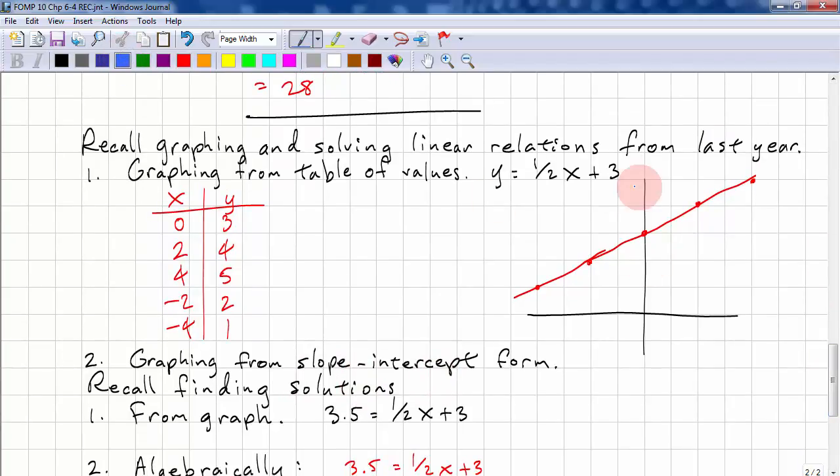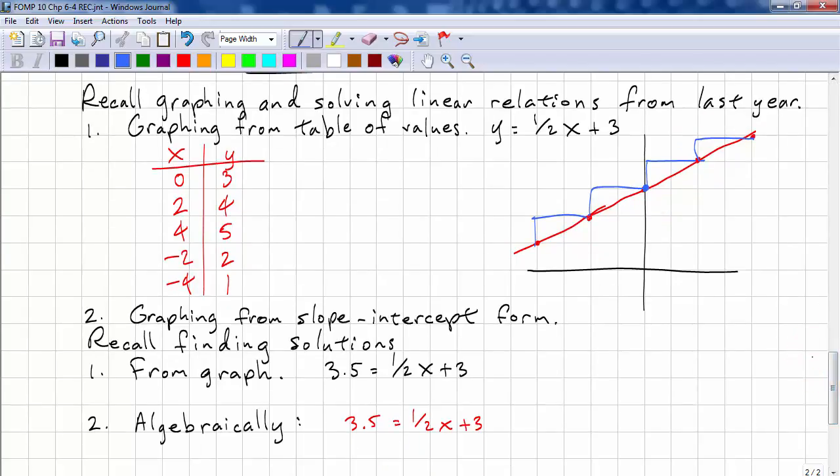And to do that, we have the y-intercept. We start here. And for half, the rise is 1 and the run is 2. So we go up 1 and over 2. And to plot the backwards way, we go over 2 and then down 1. So we just do the opposite for the rise. And we can do that again, and we would get the same plot.